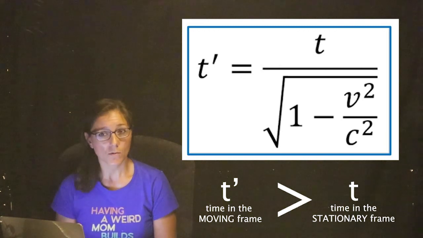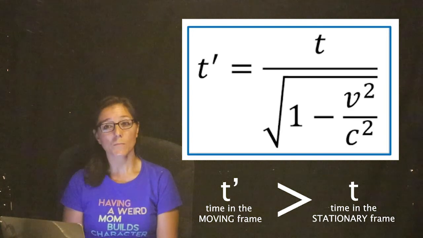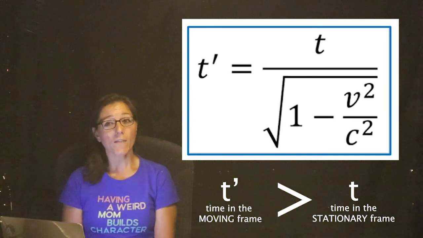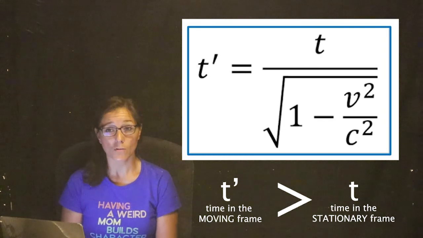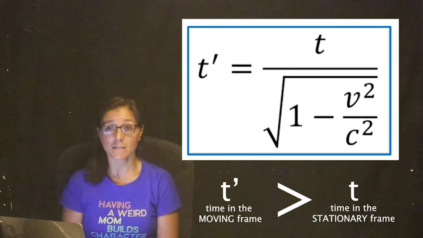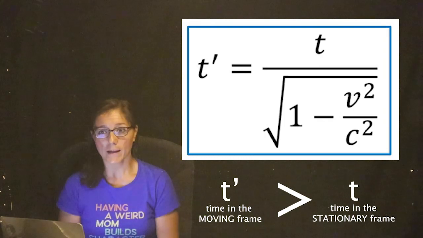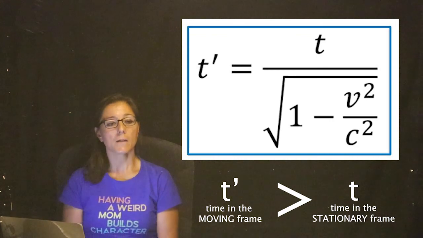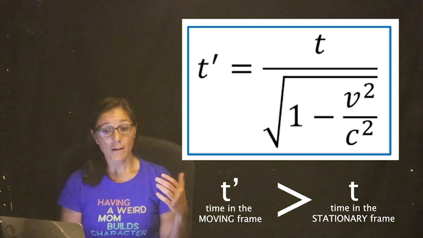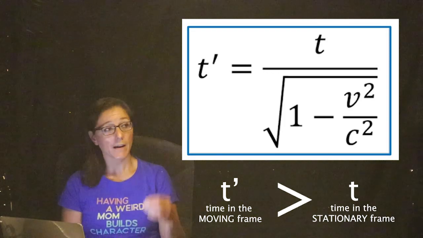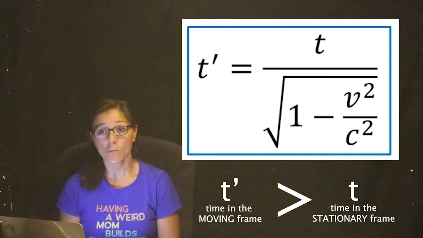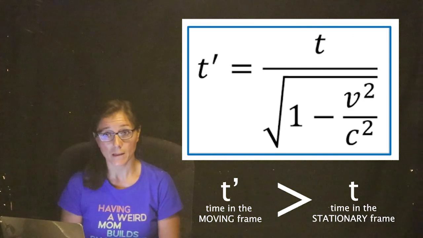But math doesn't prove anything. This equation predicts a behavior that we have actually experimentally observed. We've actually taken atomic clocks that are running off of the decay rate of an atom, and we have left one on the ground stationary and sent one off in a moving vehicle, moving at a high speed.